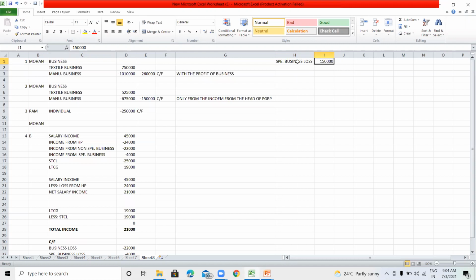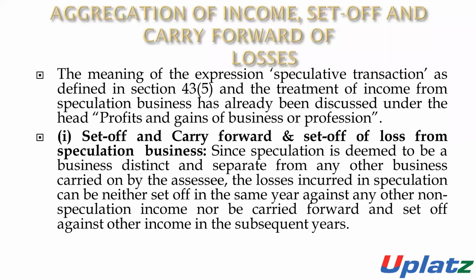It will not be adjusted with any other profit or any other head of income. It will be adjusted only with the speculative business income. The speculative business loss will be adjusted only with the income of speculative business.